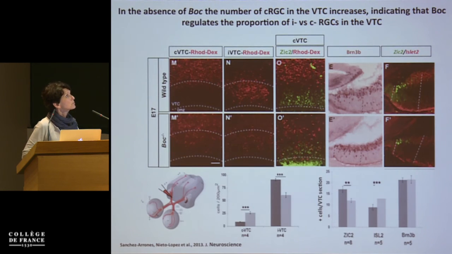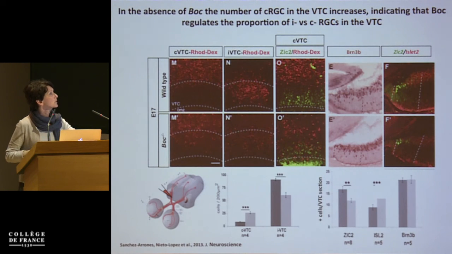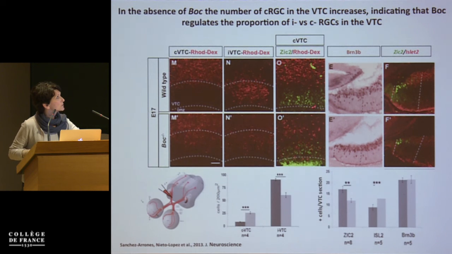And indeed, using Boc mutant, we could demonstrate that in absence of Boc, ipsilateral projecting retinal ganglion cells, here marked by SIC2 expression, are very much reduced, as also seen in this double immunocytochemistry with the SIC2, which is a marker for ipsilateral projection, and islet-2, which is a marker for contralateral projecting axons.